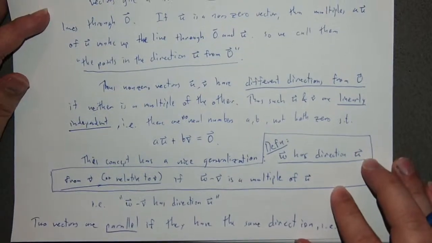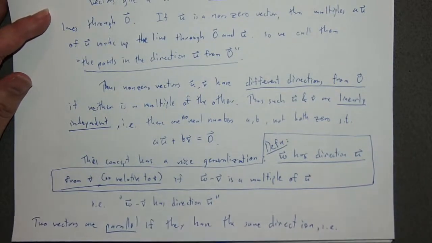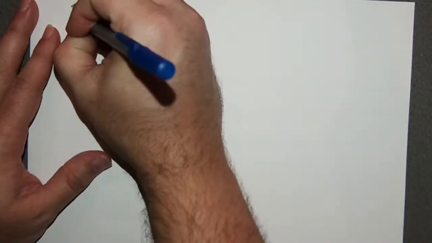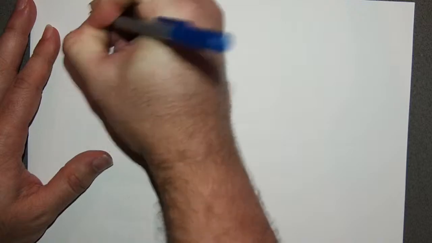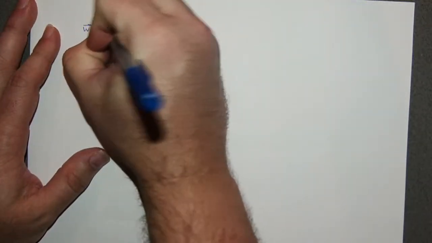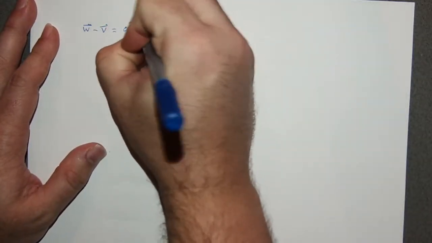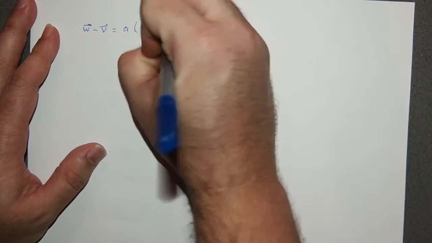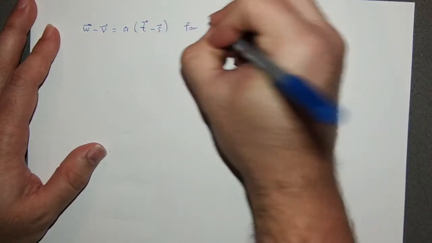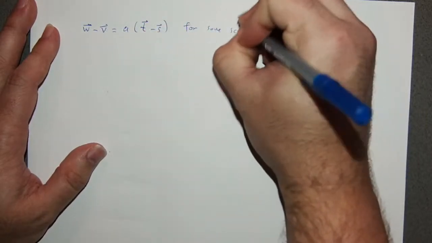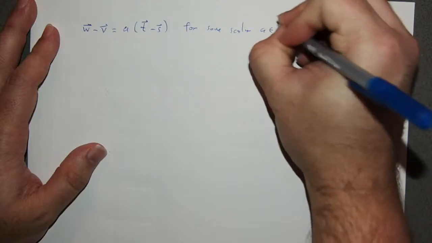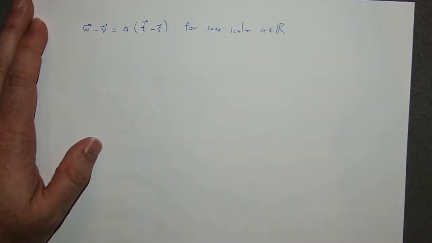Two vectors are parallel if they have the same direction, i.e., w minus v is equal to a times t minus s for some scalar a, which is a real number. What does this mean?